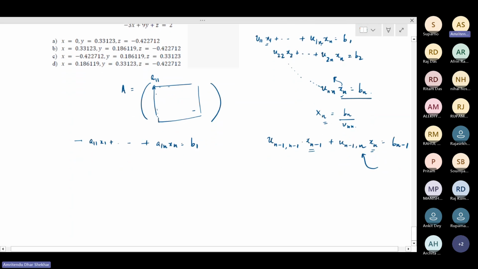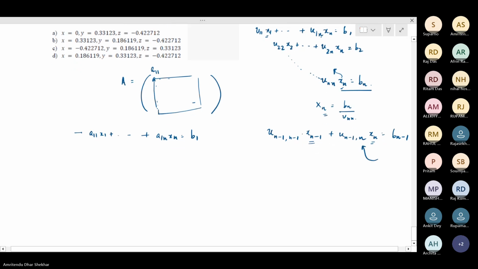For all other equations, what you do is this.